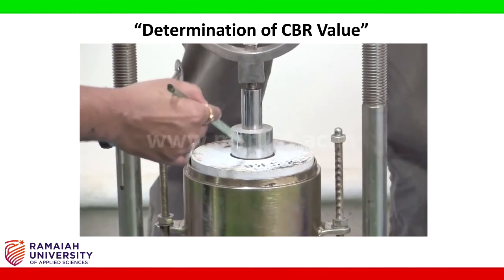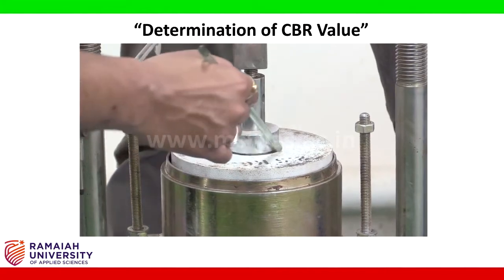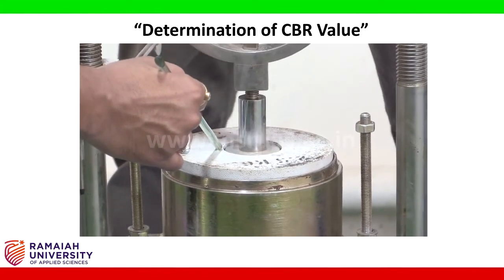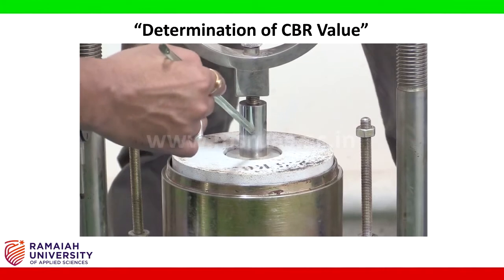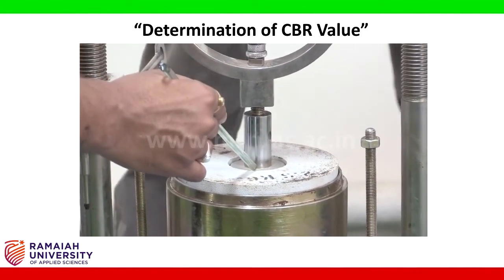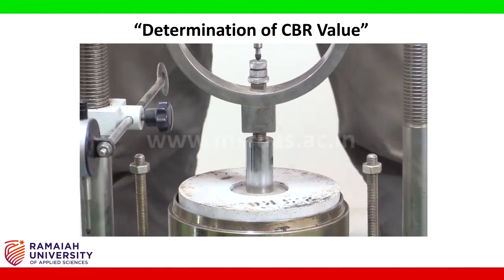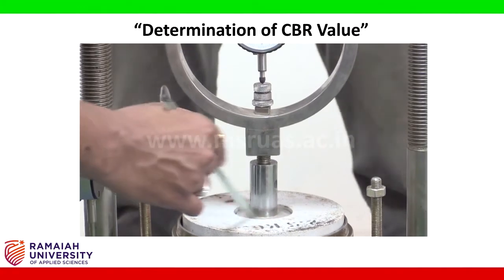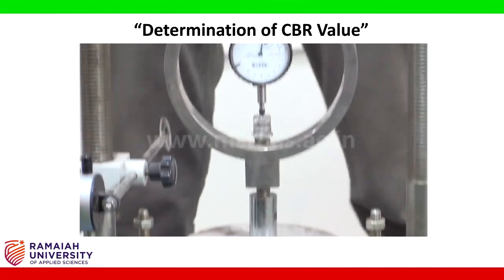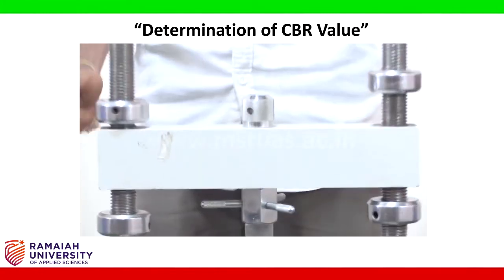Now you can see that this plunger is passing through the aperture which I had explained to you at the beginning of this test. The plunger passes through the aperture of 53 mm diameter and sits on the specimen. Once you ensure proper seating of this plunger, it is time to tighten the screws of the reaction frame.